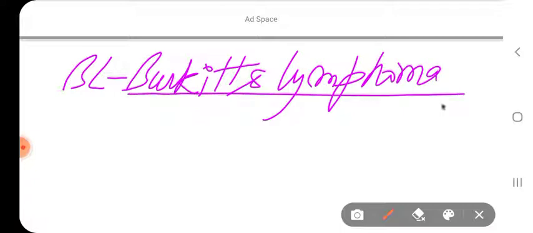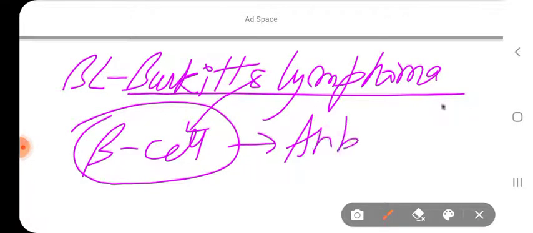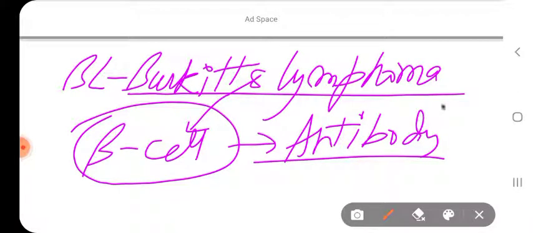In simple words, Burkitt's lymphoma is a cancer that starts in your immune cells, like your B cells. The B cells are getting cancerous. B cells are also called bone marrow cells, which produce your antibody, right? So the B cells are going to be malignant, and it is associated with impaired immunity.